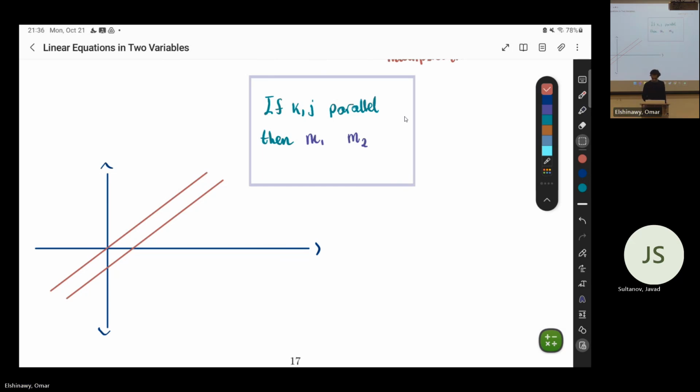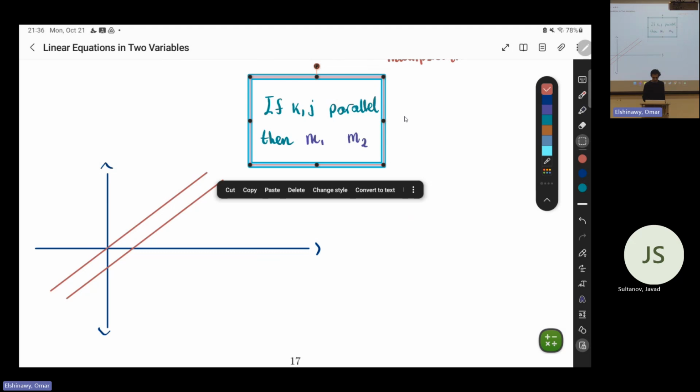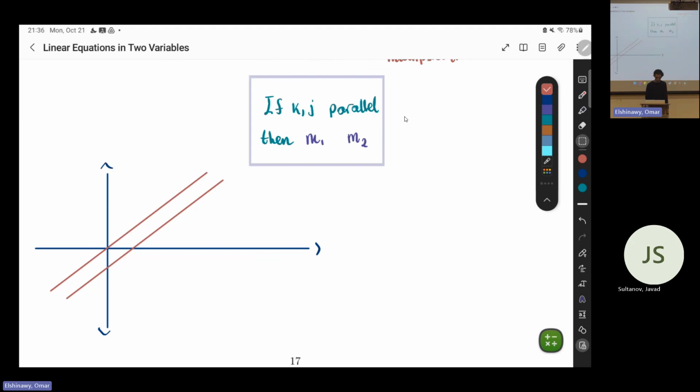Then what can I say about your slopes? This is your first line. This is your second line. Do their slopes have any similarities or contrasting properties? It should be equal. And this at least makes sense on a conceptual level, because I just took the line and moved it upwards.